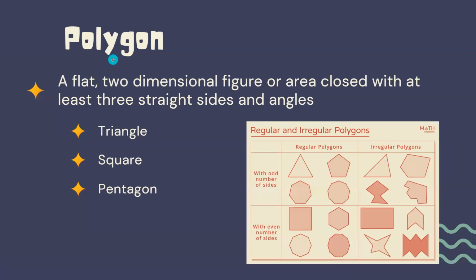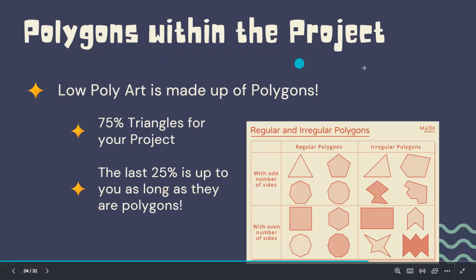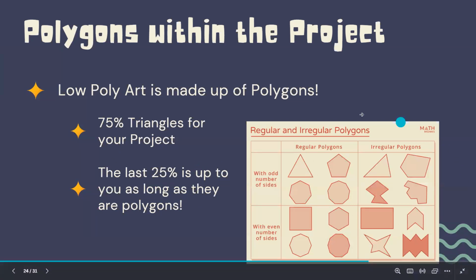This is important because our project is low poly, right? So we are building our image with polygons. For the project, you do have to use 75% triangles. 75%, okay? The last 25% is up to you, as long as they are in fact polygons. That can be regular or they can be irregular.